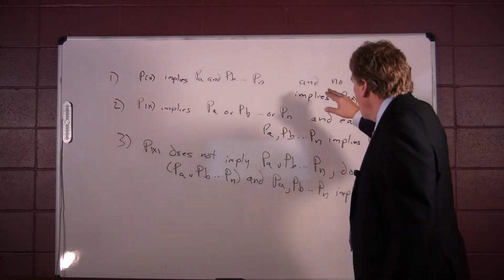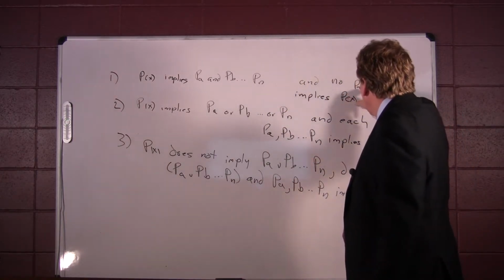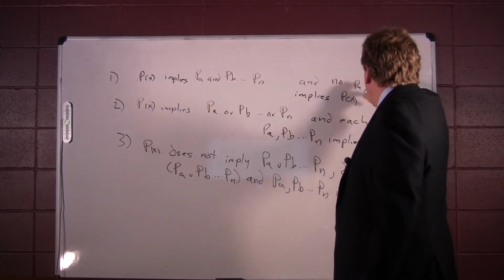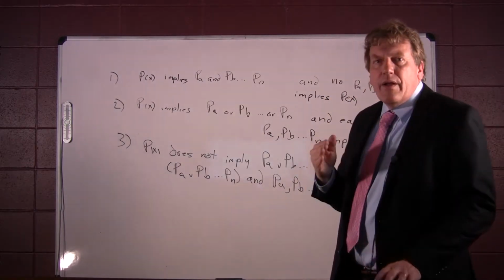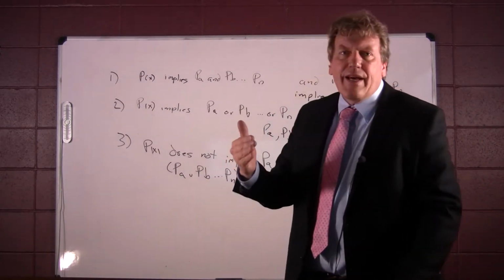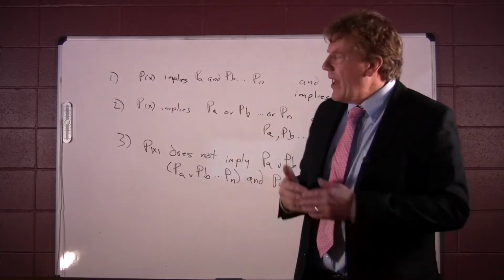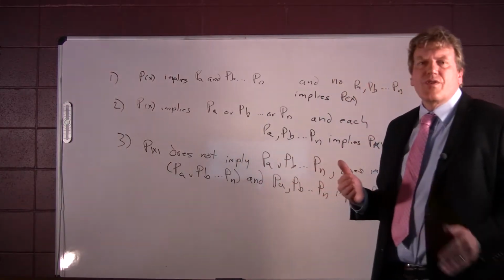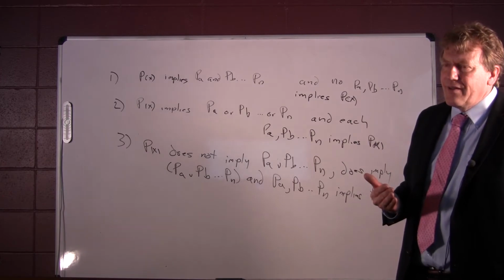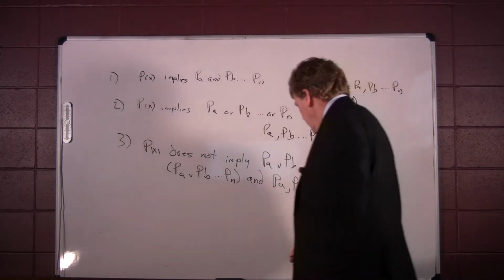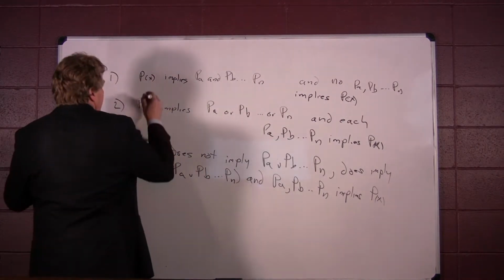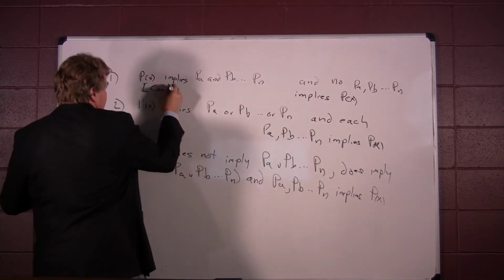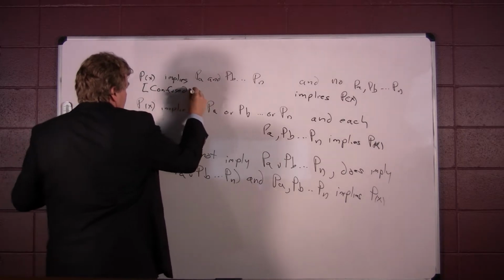And when that occurs, and no particular thing would imply that X has the property, no PA, PB, or PN implies PX, then we have an example of what's called confused and distributed supposition. So hopefully I'm not confused here. This is confused and distributed.